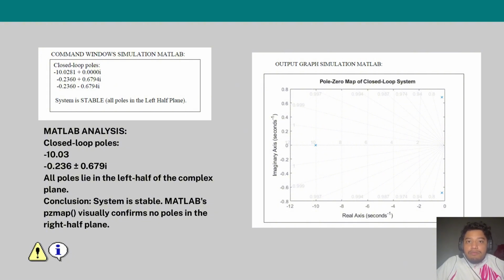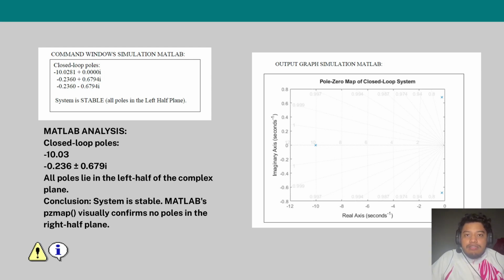We identify the pole locations: one real pole at minus 10.03 and a pair of complex conjugate poles at minus 0.236 plus minus 0.679i. All poles are located in the left half of the S-plane, confirming the stability of the system.